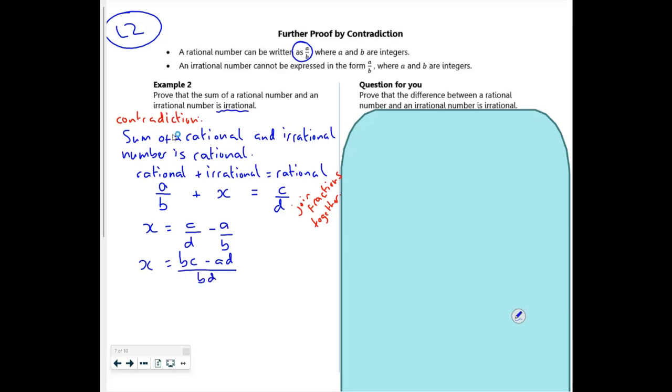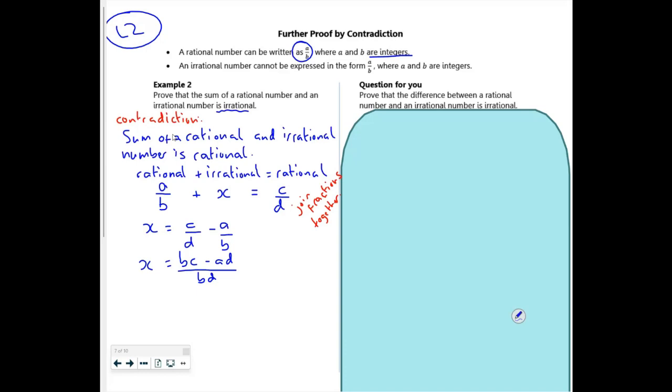Now here's the thing, if a, b, c and d are integers, then that is also an integer. So maybe I needed to say here, a, b, c, d are integers.